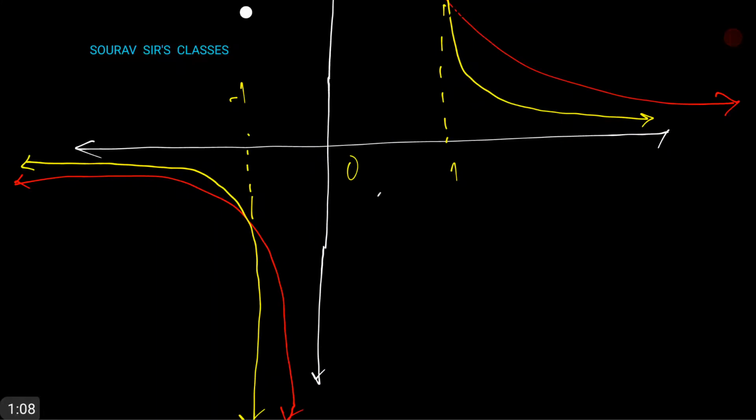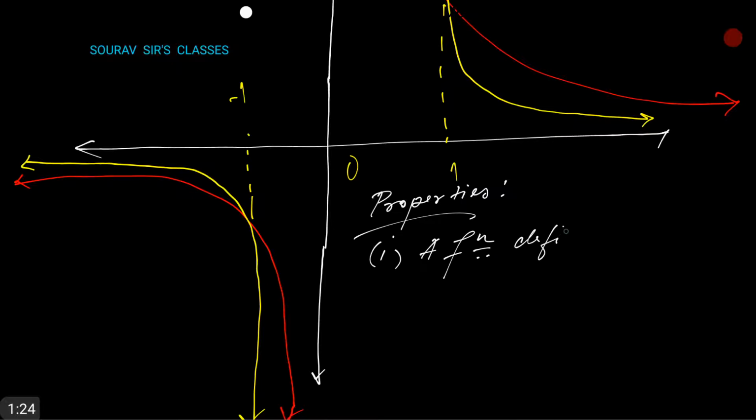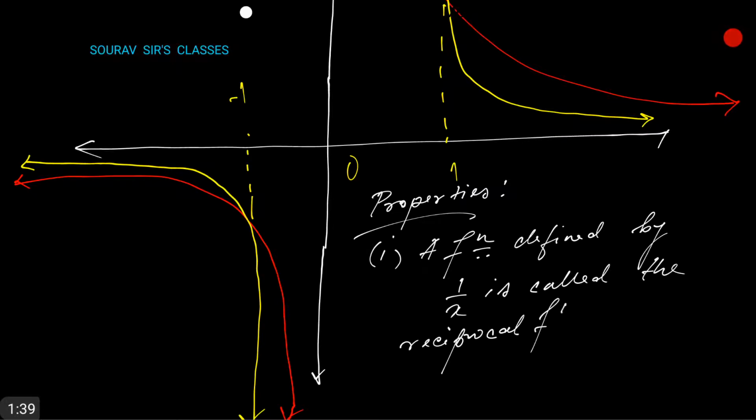Property number 1: a function defined by 1 by x is called the reciprocal function, or a rectangular hyperbola.